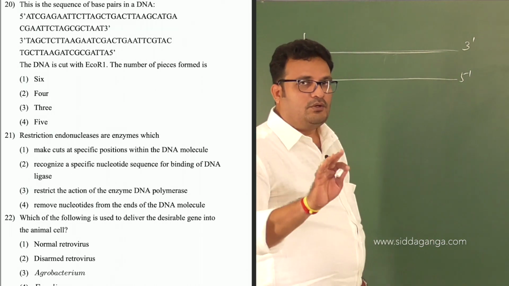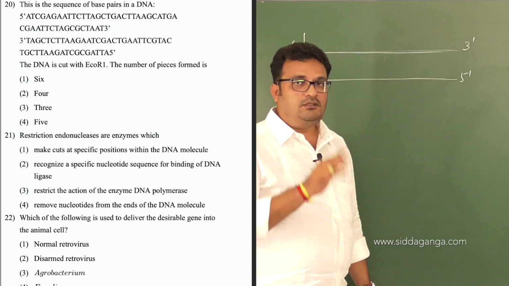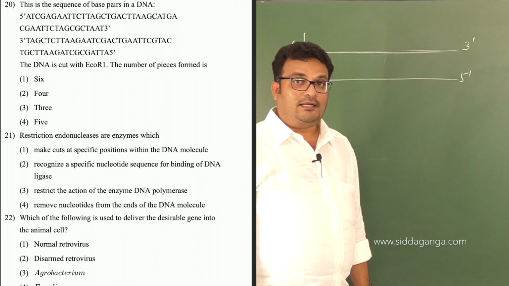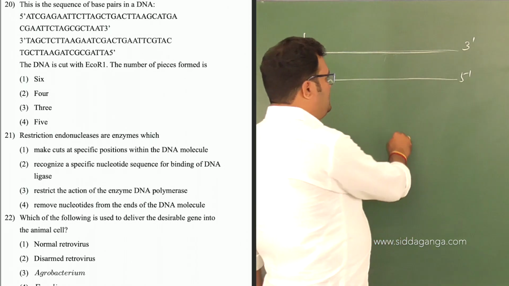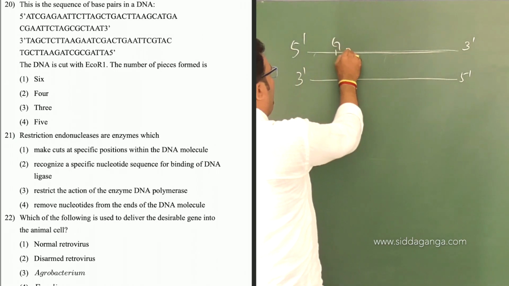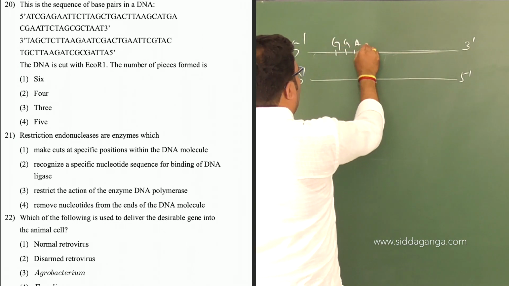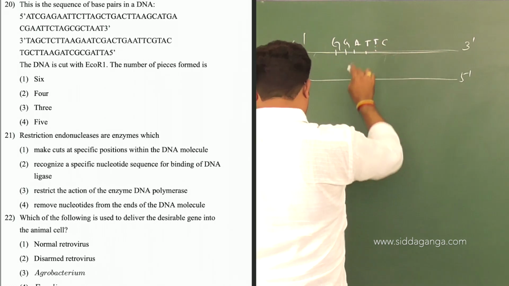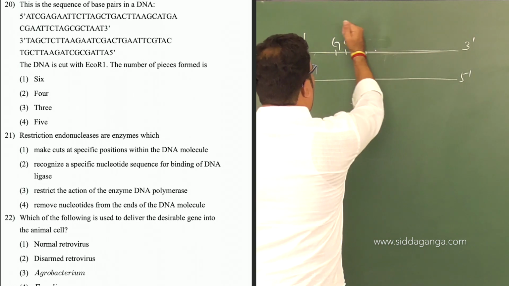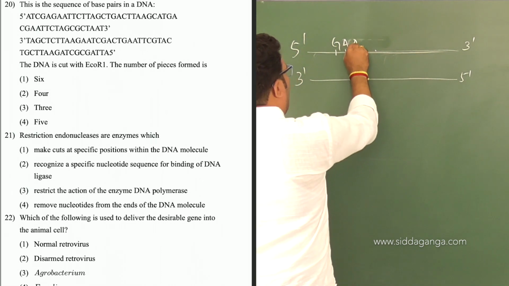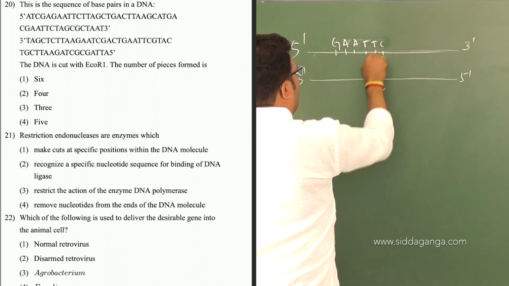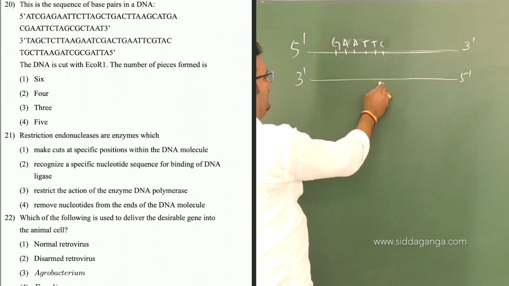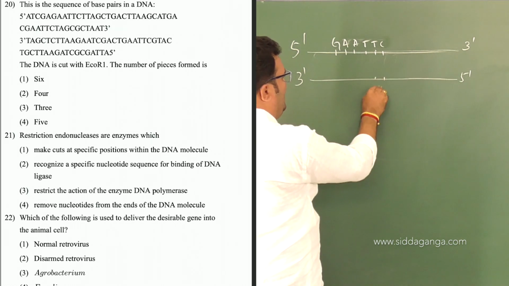As I told you in the class, EcoRI usually acts on the palindromic sequence, that is GAA, TTC, right? In its opposite strand again the same, GAA, TTC.